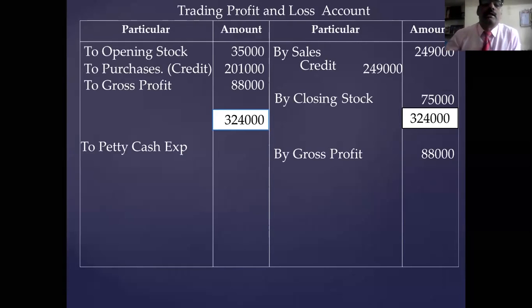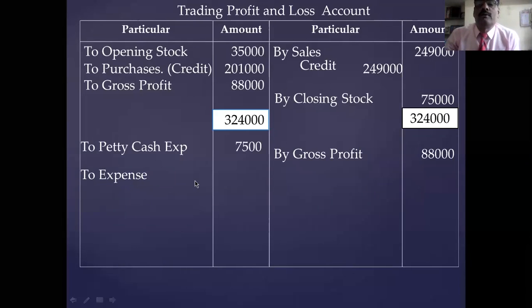You take the cash expense from the cash book, 7,500. Okay. Then next you write the expense. I don't know the total expense. What is the total expense disbursed in the form of check? Whatever amount disbursed by check, it is unknown. Therefore, I write expense. I take this amount from the bank account, but bank account is incomplete.